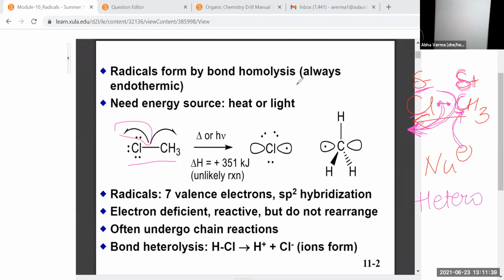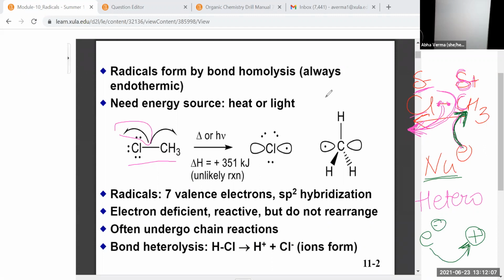Okay. On the other hand, when a radical forms, you will see that there is a difference in these arrows. The arrows that I drew for the ionic reactions were full curved arrows. They start from electron rich and end at electron poor. All of the curved arrows start from the electron rich, end at the electron poor, and they are full, complete arrows.